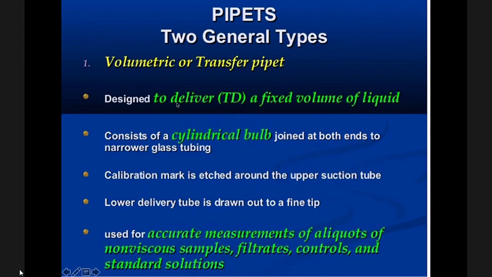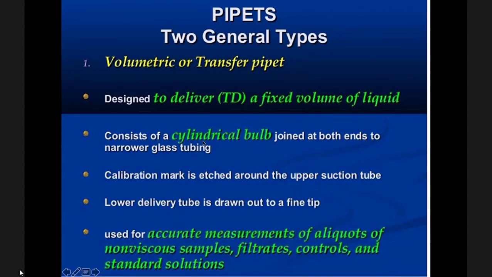Okay, so it is designed to deliver a fixed volume of liquid. So there is no gradation. It's a fixed volume of liquid, be it 1 ml or 2 ml or 10 ml, fixed at the volume stated on the glassware.